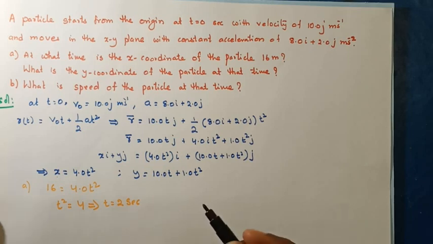Now part A is over. In that, there is a subpart: what is the y coordinate at that time?